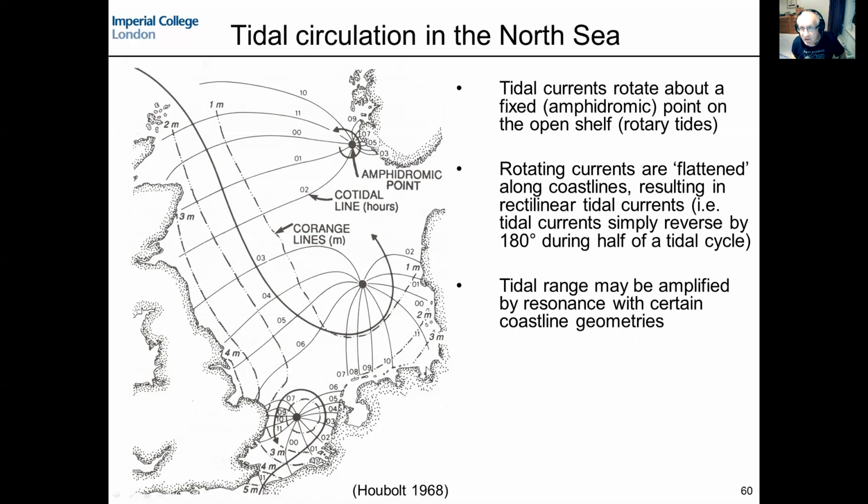Once we have coastlines and shallow water, we have to push the water onshore into shallow water, or maybe push it into embayments, for example in here, as the tidal wave rotates around, and then the water has to exit those embayments or areas of shallow water.